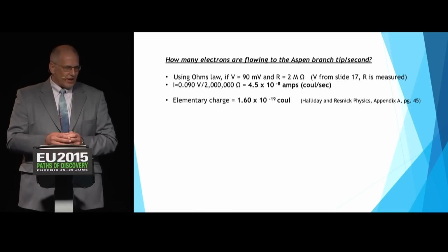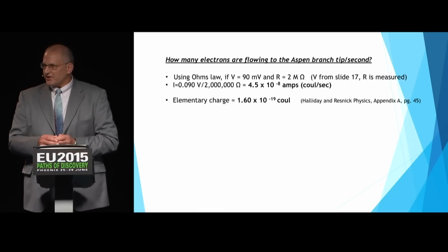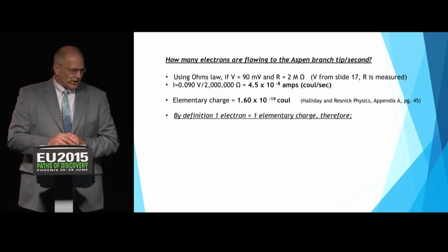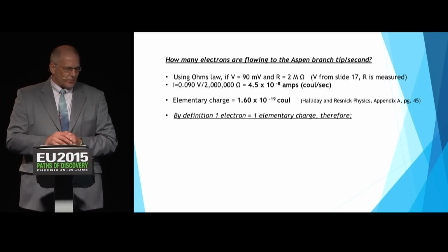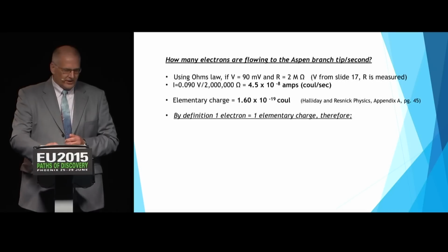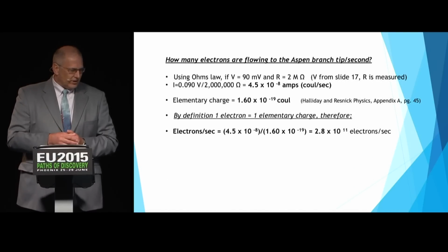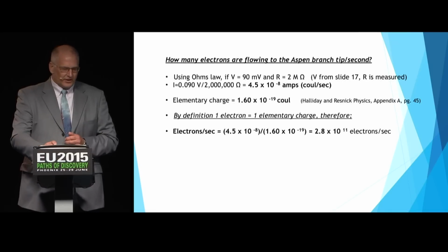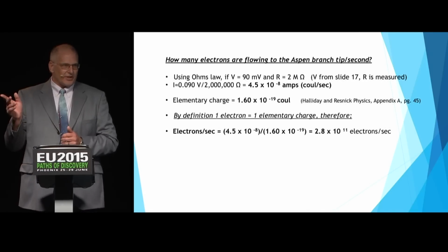An elementary charge is 1.6 times 10 to the minus 19 coulombs. And by definition, 1 electron equals 1 elementary charge. Therefore, the number of electrons per second equals 2.8 times 10 to the 11 electrons per second are flowing towards the end of the Aspen branch tip every second, and likely all the other Aspen branch tips.